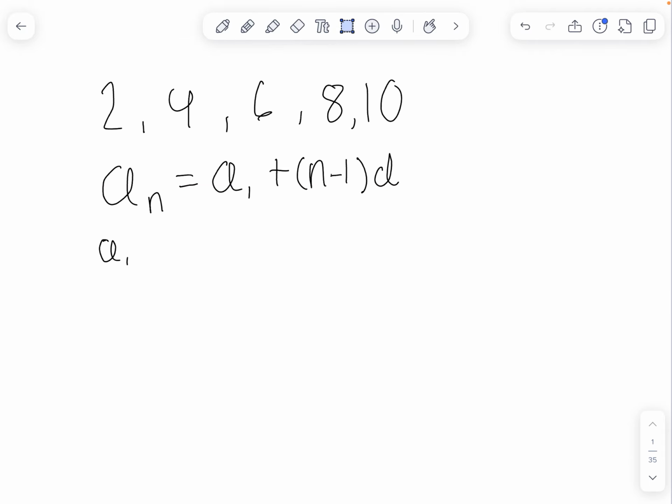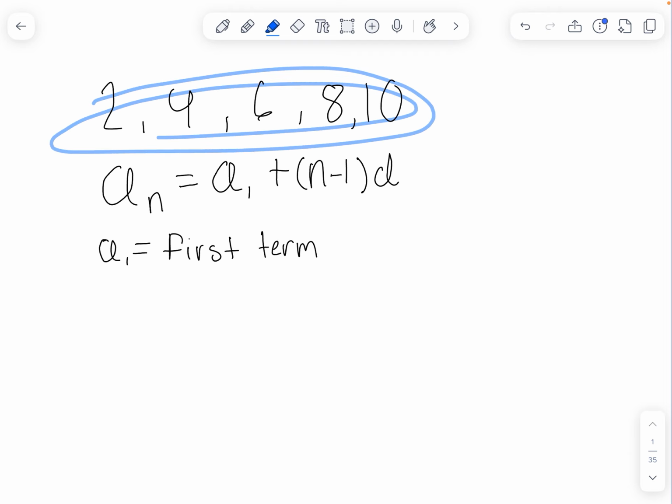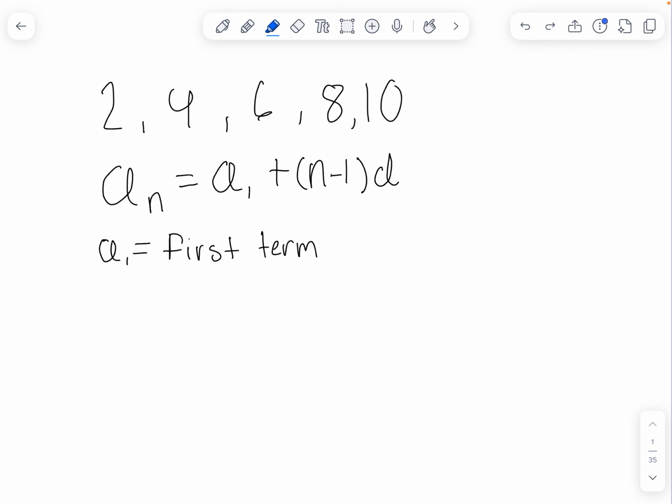So A1, we have A1 being the first term. Right? So for this sequence, that would be 2.